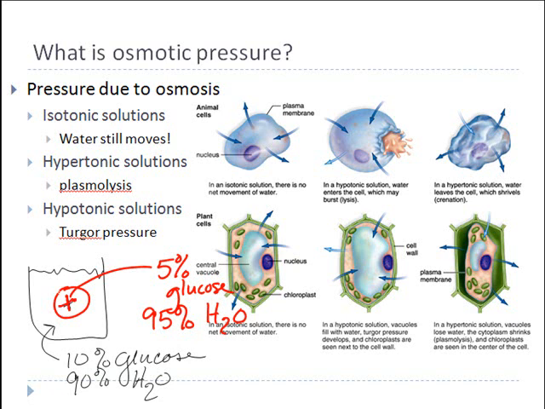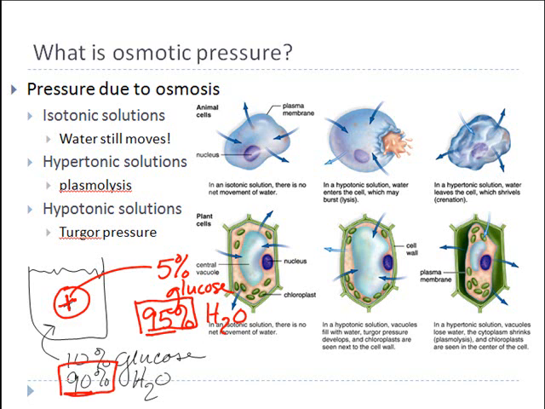As it turns out, if glucose cannot be what moves across the plasma membrane, water will. Remember, I told you water readily moves across the plasma membrane. So instead of glucose moving in or out of the cell to try to balance out the concentrations of solutions, it's going to be water that does the moving. So the next question you have to ask yourself is, which way is water going to move? Well, if you look at our little diagram here, we said that there is 95% water inside the cell and 90% water outside the cell.